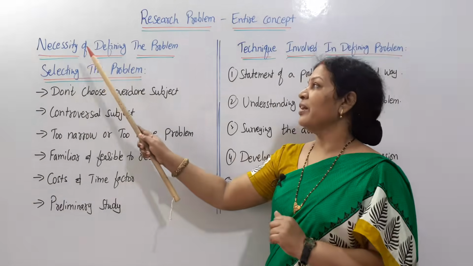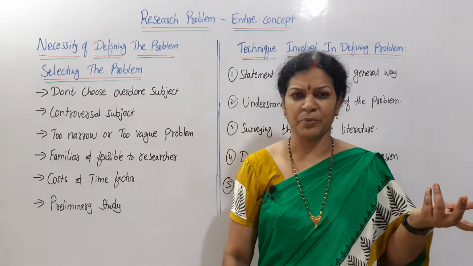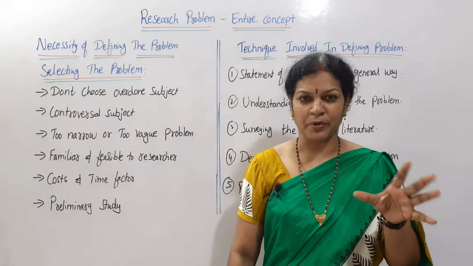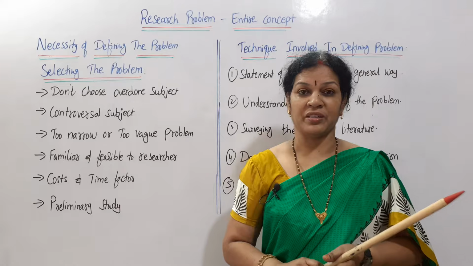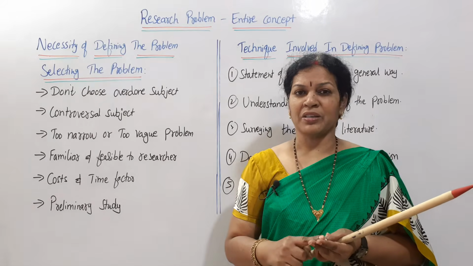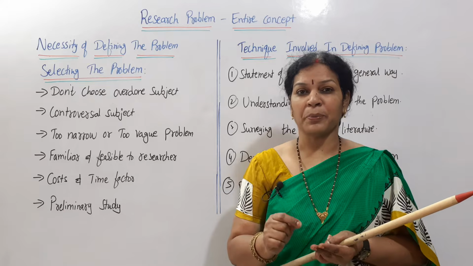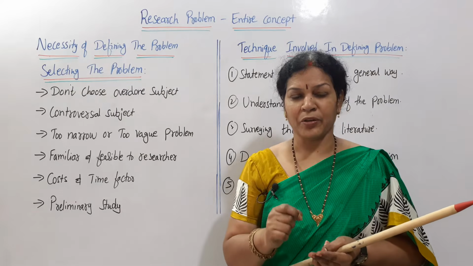First thing, remember the necessity of defining the problem. Why do we have to define the problem? Once you define the problem, you have to think about other questions also, like when we have to start this work and what is the nature of the problem. For this problem, do we get proper data or not?